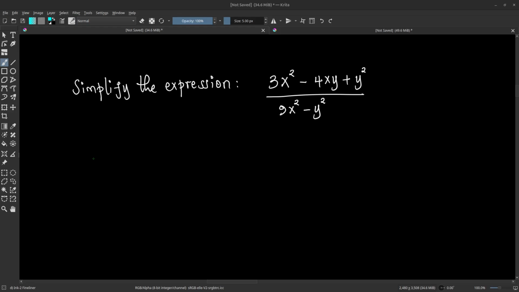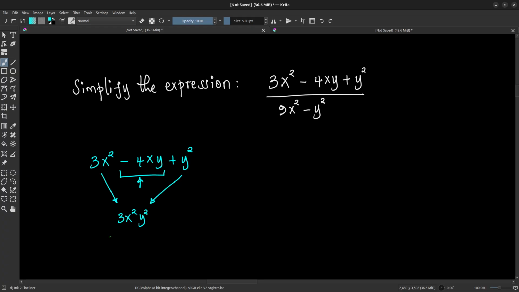So on the numerator we have 3x² − 4xy + y². To simplify this, we need to rewrite the middle term in such a way that we get two factors, and when those two factors are multiplied, they should give us 3x²y², and when the two factors are added, they should give us the middle term.